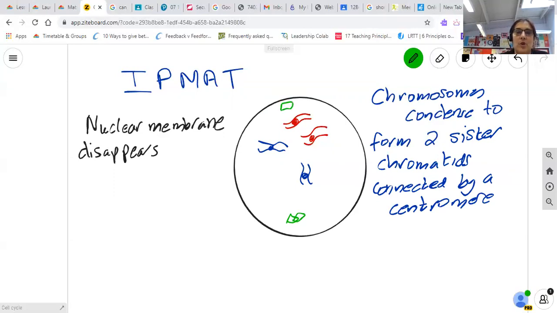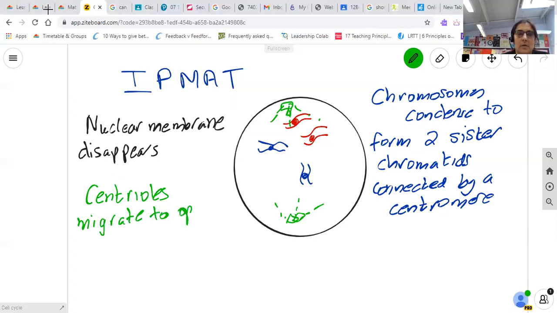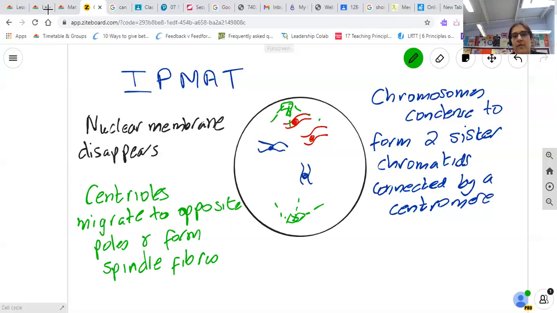We always draw them as two tubes at right angles to each other, and they will start to form the spindle fibers. Okay, so centrioles migrate to the poles and form spindle fibers. Now, that's pretty much the end of prophase.